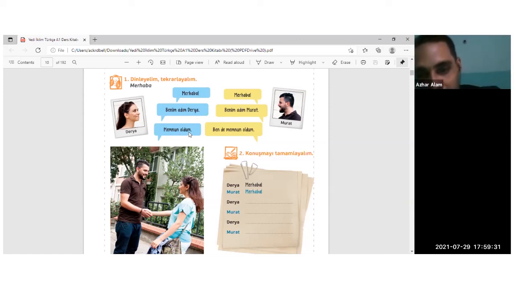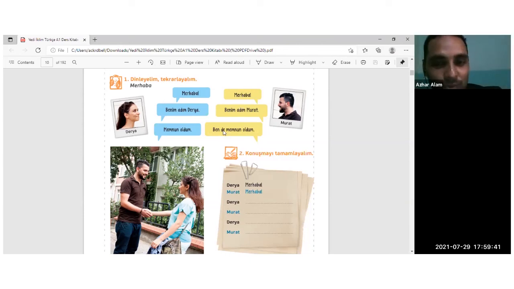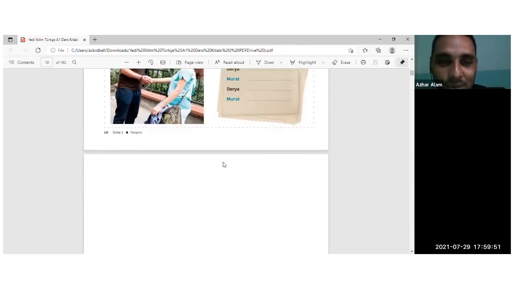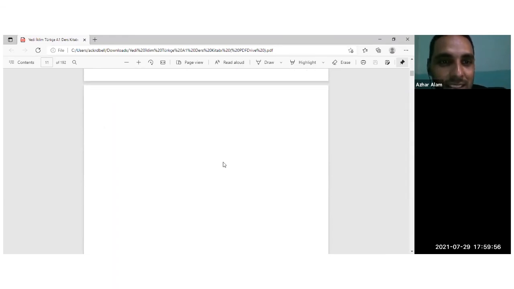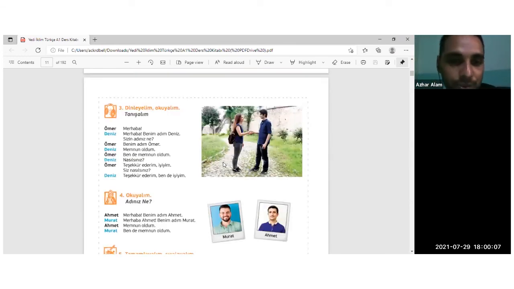Memnun oldum means nice to meet you. Ben de memnun oldum, nice to meet you too. Ben de means too. If you read this clearly, you can feel it. You can do it later on. No worry, we will go through it thoroughly. Just today we are introducing this book. This book covers almost all topics which we come across in our daily life.